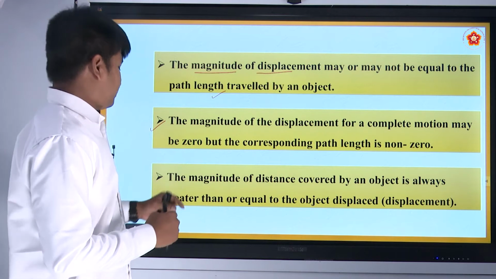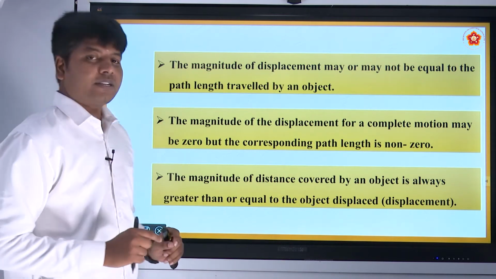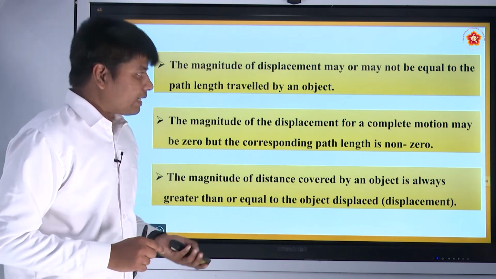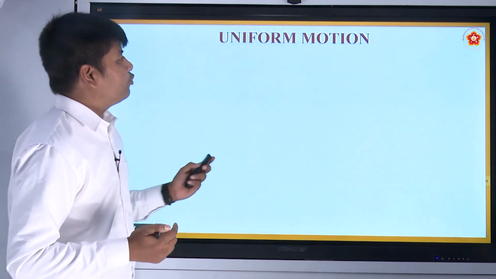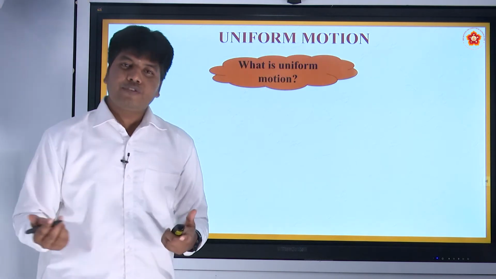So having known distance and displacement, now let us see one more type of motion which we call uniform motion. And what is uniform motion?